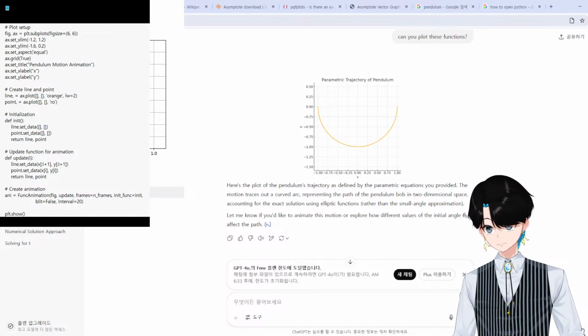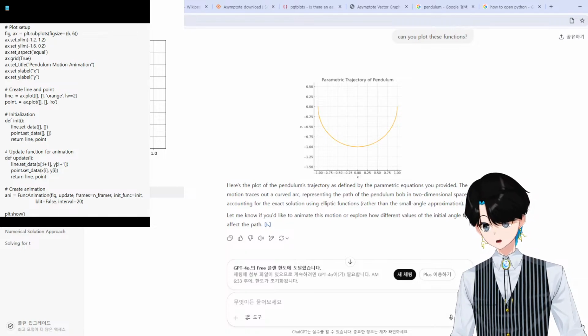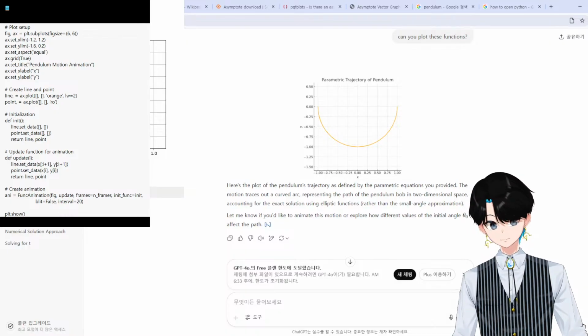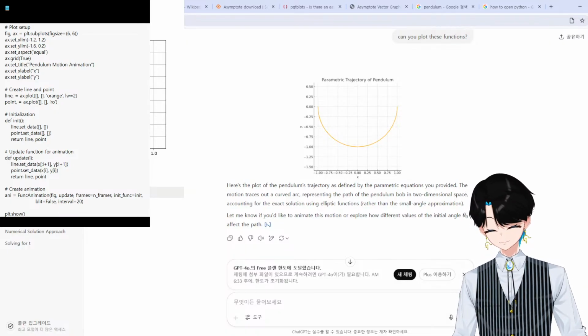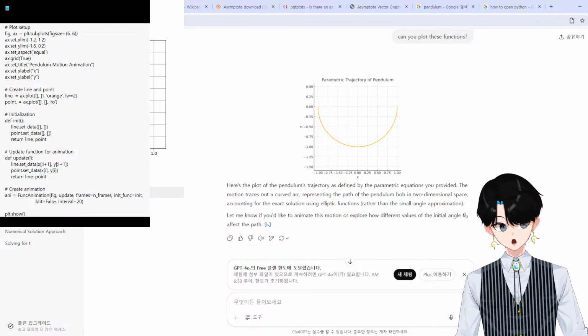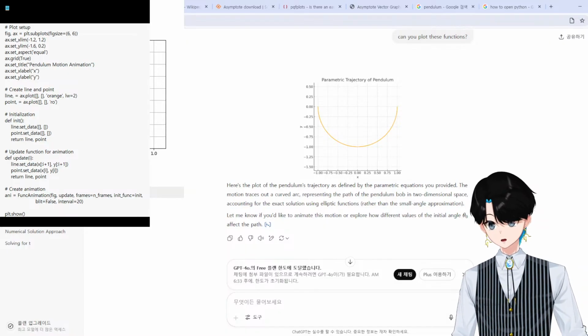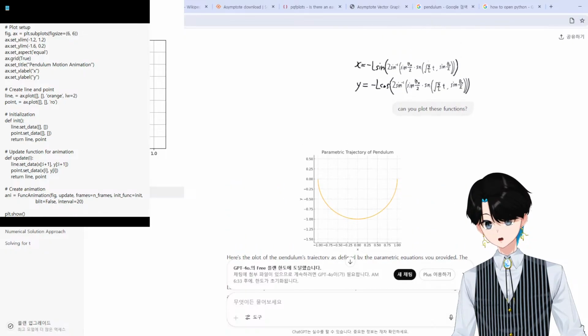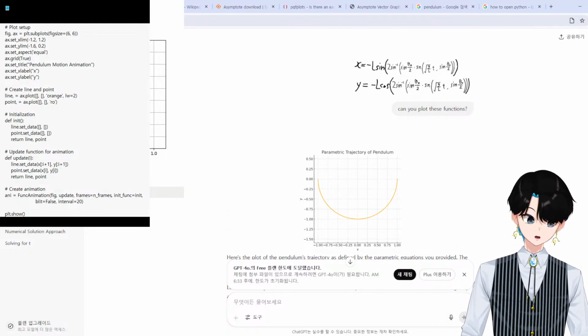It has been a long journey, but we finally got the equations for the trajectory of the pendulum for x and y. But too bad that the animation sequence was not going well. But we got that, and we learned about Jacobi elliptic functions.